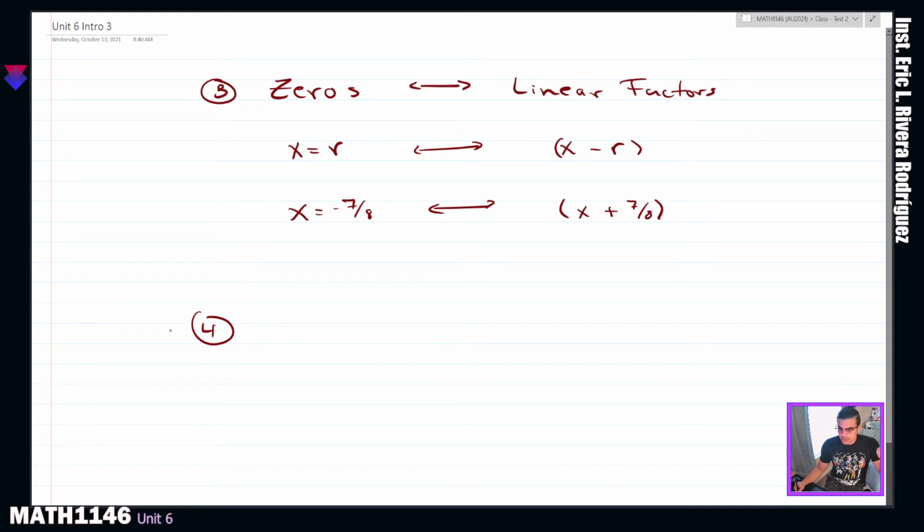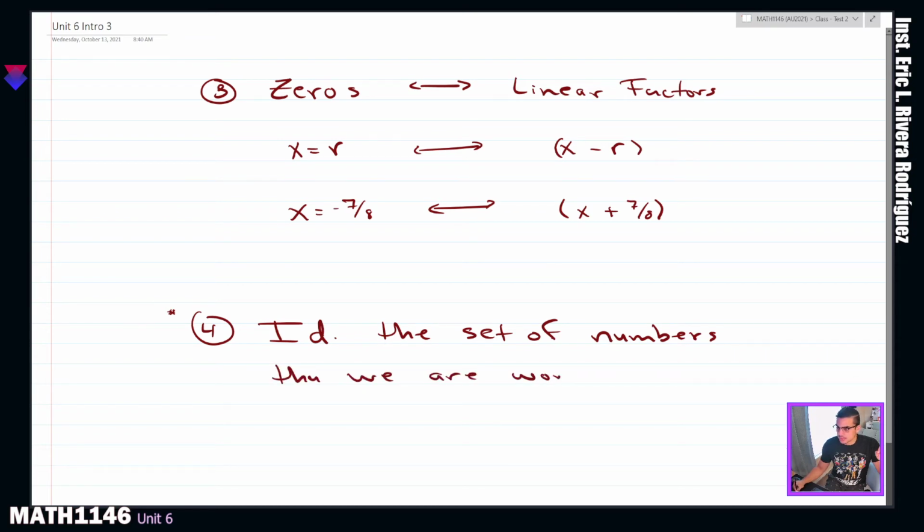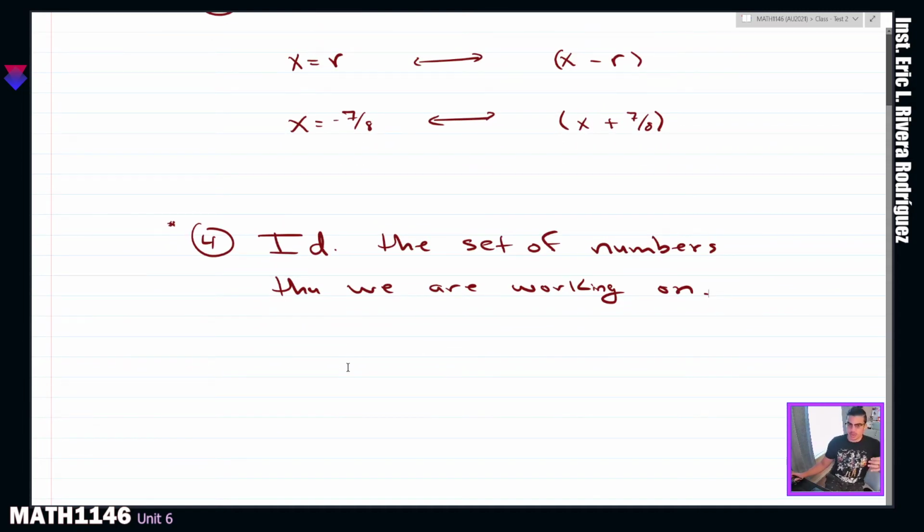So, number 4, it is important because now we need to be able to identify the set of numbers that we are working on. Okay, and let me stop here for a moment, because in our class we haven't gone over this.